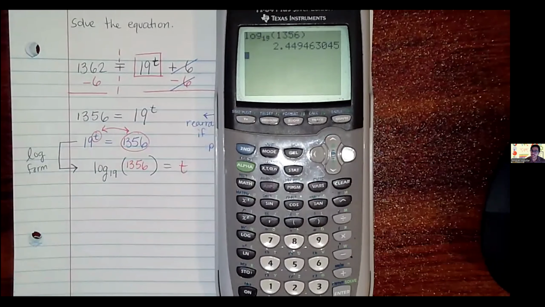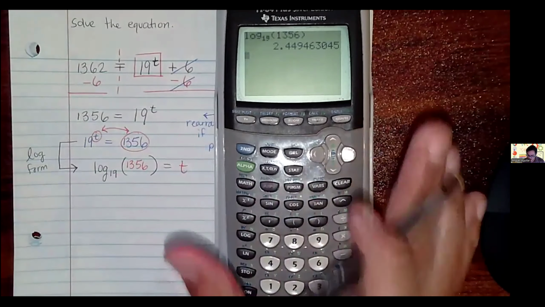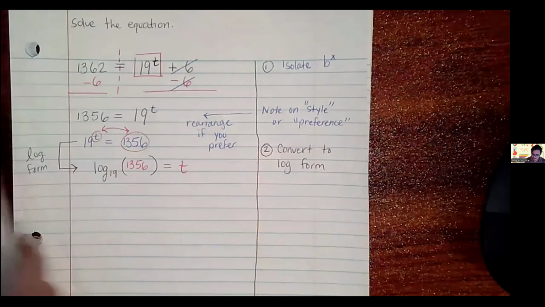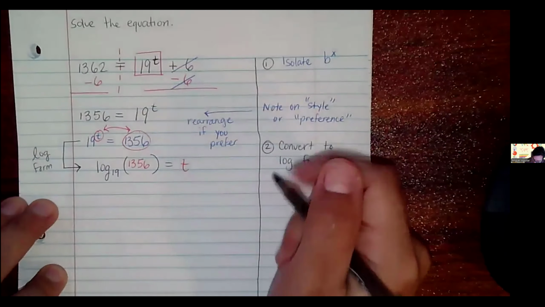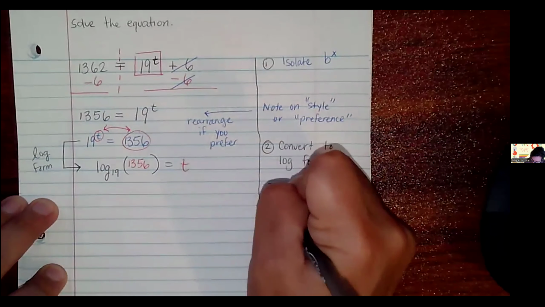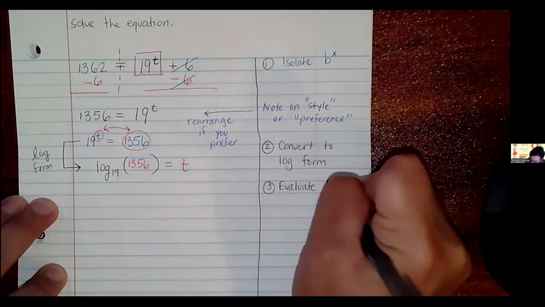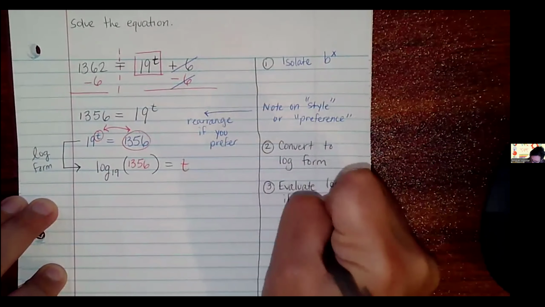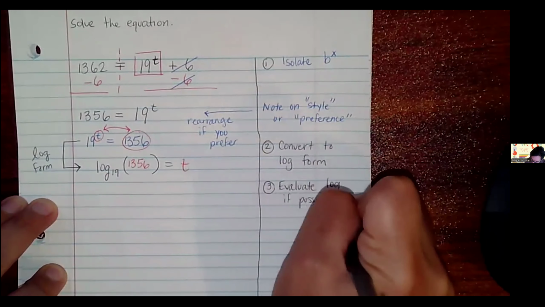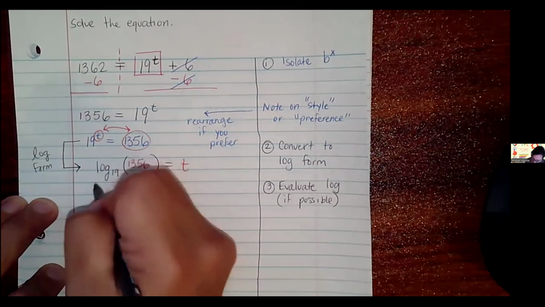If that doesn't come out to a nice whole number, then we're done, we have our solution. So here I'm just going to say evaluate the log if possible, and here we got a really ugly irrational number.